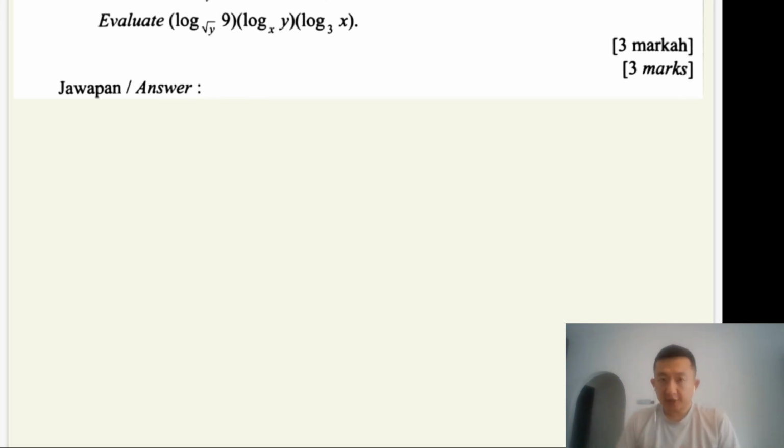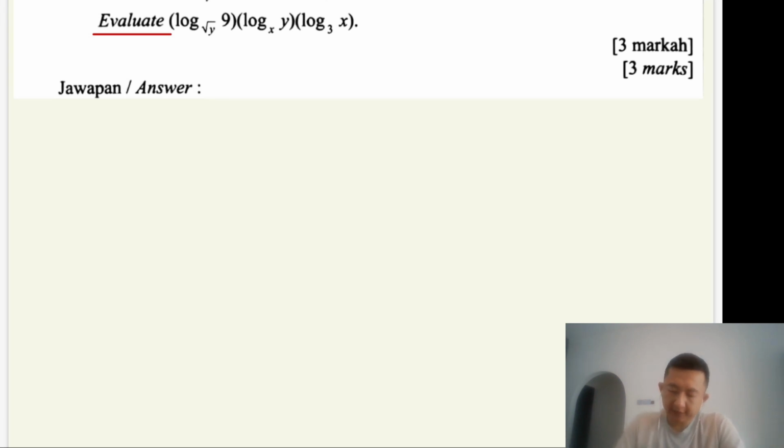When it's multiplication, most likely you have to do some simplification by cutting it off. By cutting it off, the final answer will be a single fixed value because of the keyword evaluate. Evaluate means your answer should be a fixed value, no unknown, just a number. So we must be cutting it off.